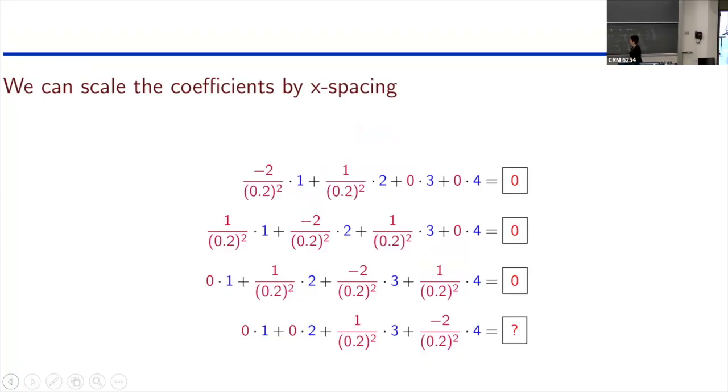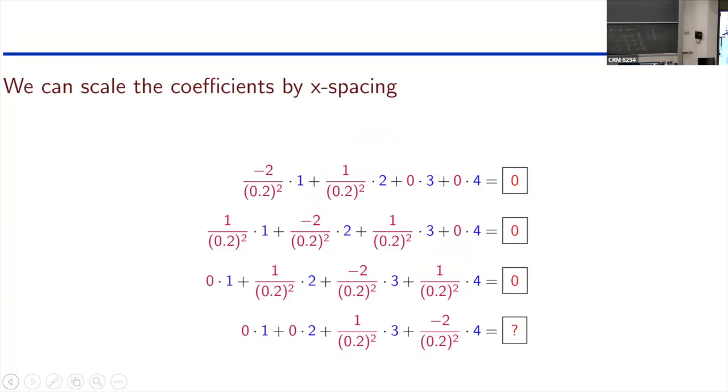All right. We could make it a little messier, and I would do this by changing the coefficients. So instead of the purple numbers, I'm just going to divide by a quantity h squared throughout for all of them.